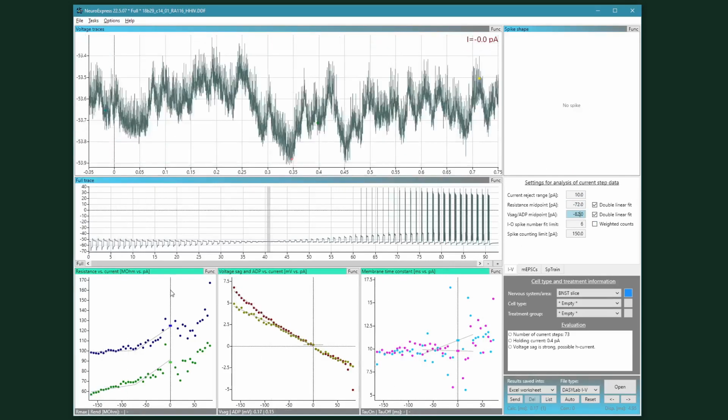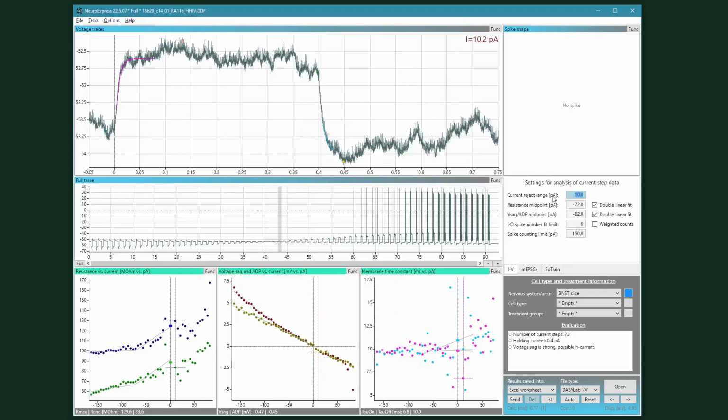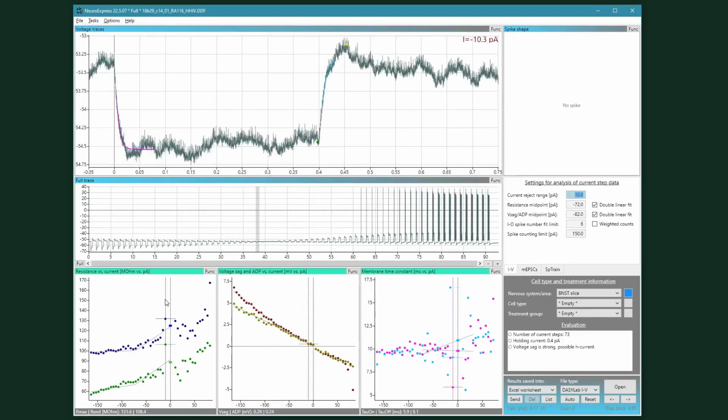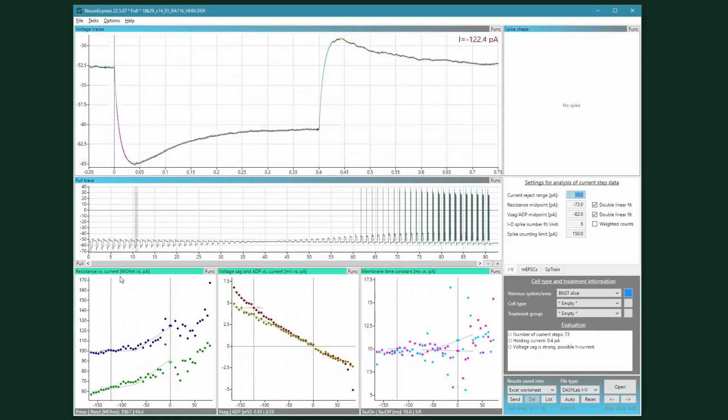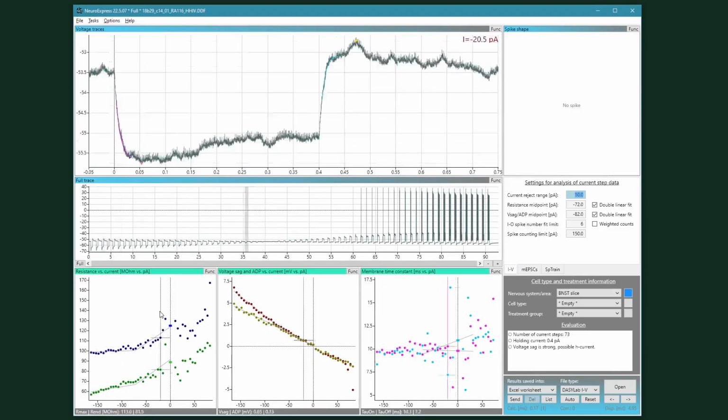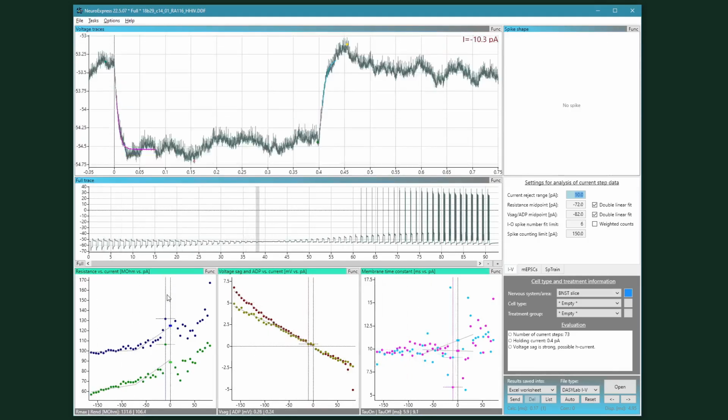Anyway, let's start with the current reject range. Basically, this is a parameter that will be used to optimize the calculation of the membrane resistance, but it will also affect the membrane time constant. When the program calculates the membrane resistance, it will divide the delta V over delta I. The delta V is basically the voltage deflection under the different current steps.